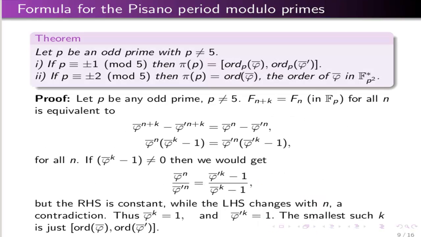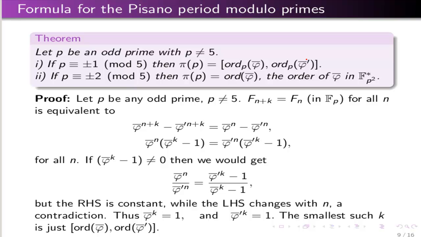Theorem. Suppose p is an odd prime not equal to 5, so those were the two cases we had to stay away from. If p is congruent to plus or minus 1 mod 5, then the Pisano period is the least common multiple of the order of the golden ratio and the order of the conjugate of the golden ratio.